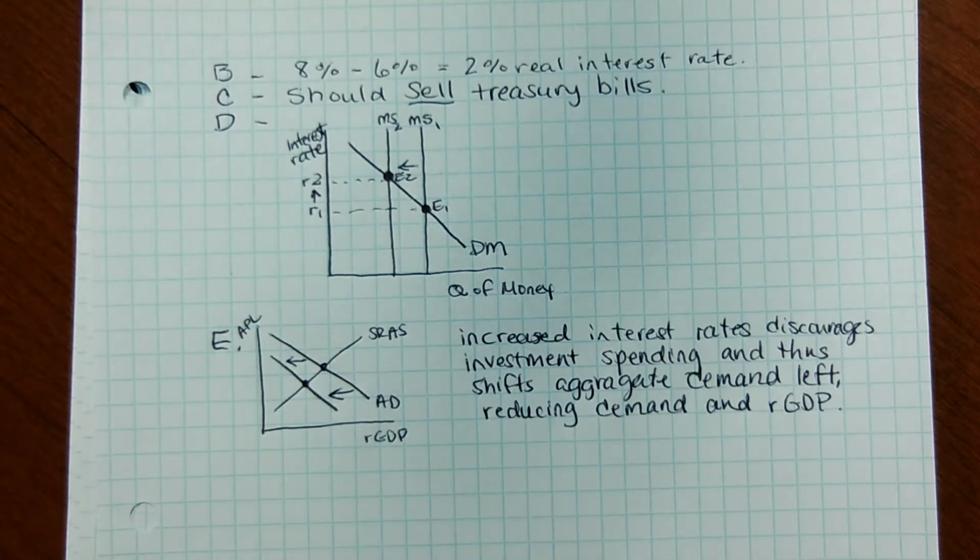I've done that. D, using a correctly labeled graph of the money market. I've double checked that all of my labels are correct, so I should get the points for those labels. And it asks me to show the action that we identified in C, selling those Treasury bills.